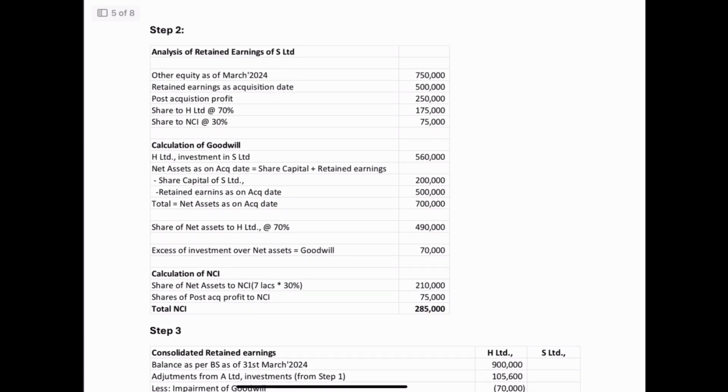Here we will analyze the investments in S Limited.